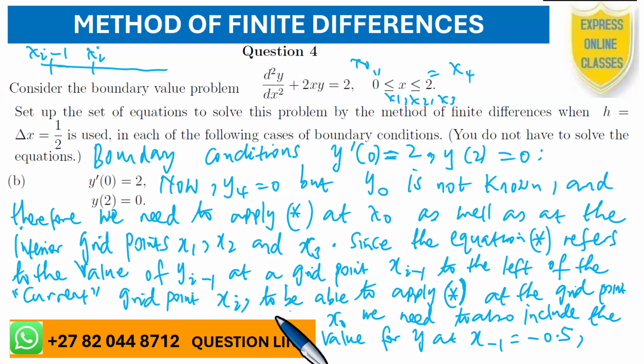To be able to apply star at the grid point x0, we also need the value of y to the left, at x subscript minus 1. The step size is delta h equals delta x equals 0.5, so if we move one step to the left, we get to minus 0.5.